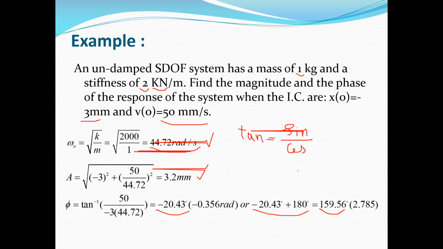Yes, this is the general formula for the tangent. When the sine is positive and cosine is negative, here you can see the denominator is negative because x naught has a negative sign. So cosine must be negative and sine must be positive.